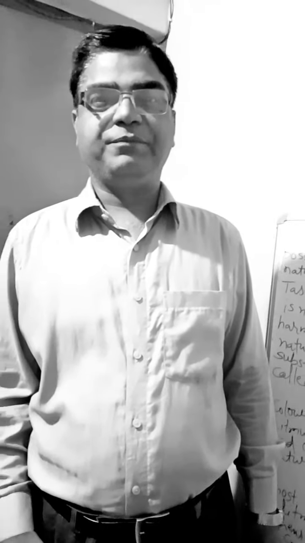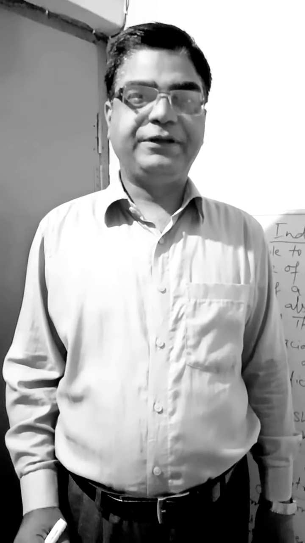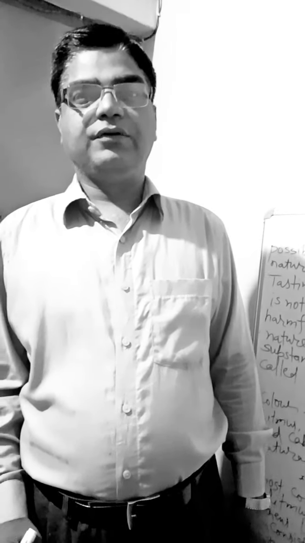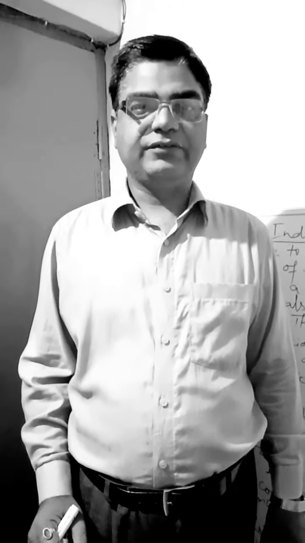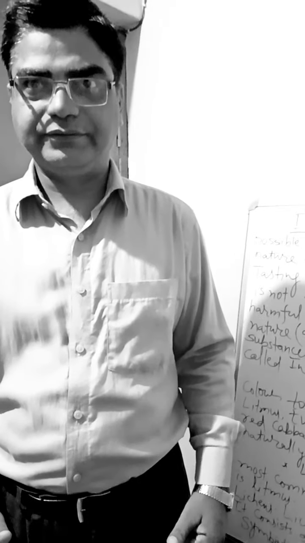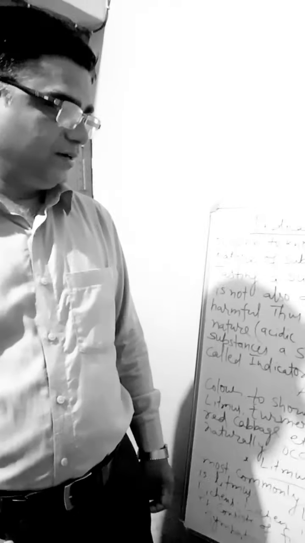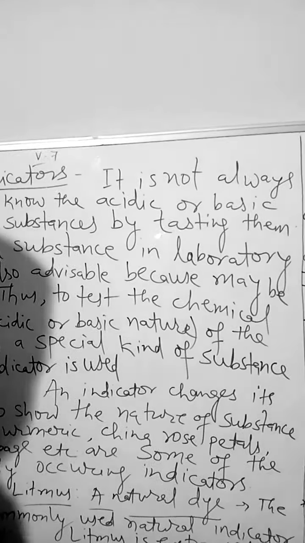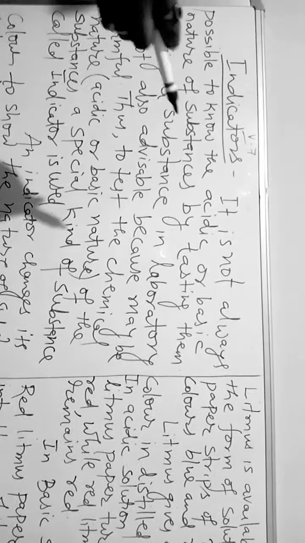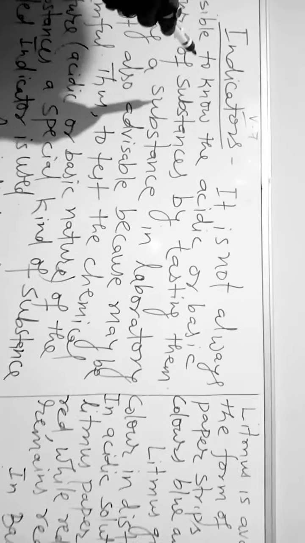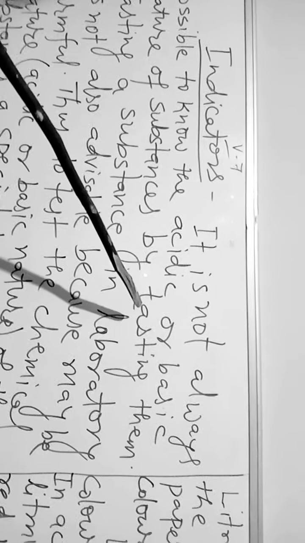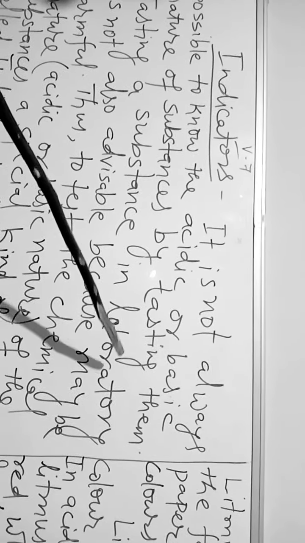Now, this is video number 7 of the chapter Acids, Bases and Salts. In this class we will talk about indicators, which change color to show the nature of a substance. It is not always possible to show the acidic or basic nature of substances by tasting them.